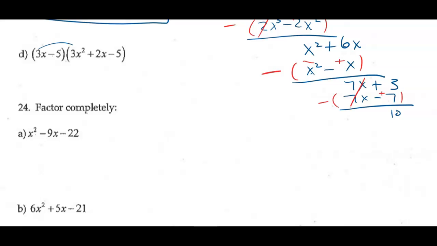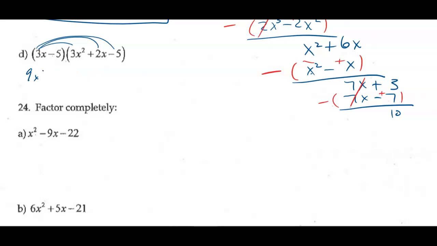This one, there's no simple way to do it. You just have to multiply everything out. So that gives me 9x cubed plus 6x squared minus... hold on. Sorry about that. Let me redo that.